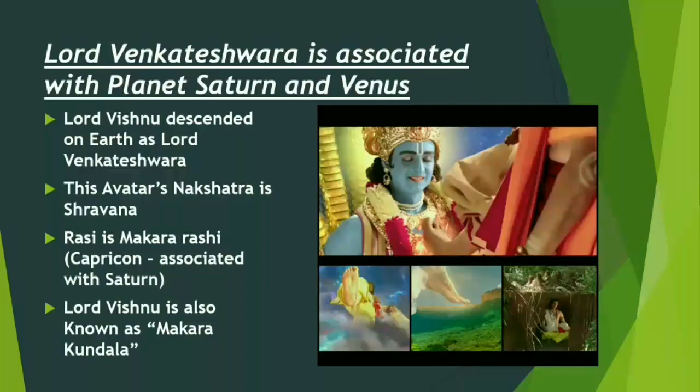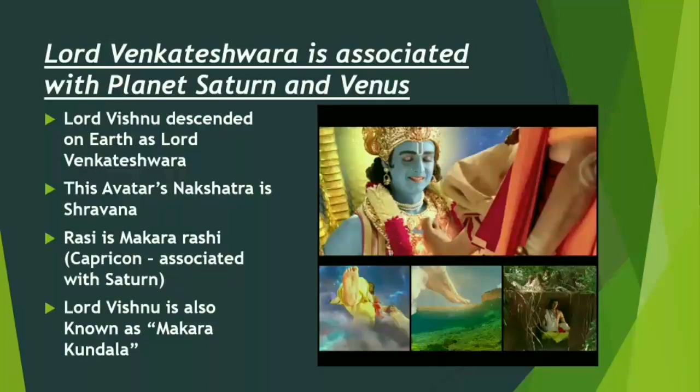Also, Lord Vishnu came down to earth because of the humiliation he suffered when sage Bhrigu kicked his chest with his right foot. The foot and the humiliation are again associated with Saturn. He descended on earth to search for his wife Lakshmi. Lakshmi is represented by Venus. So here comes the role of Venus with Saturn.